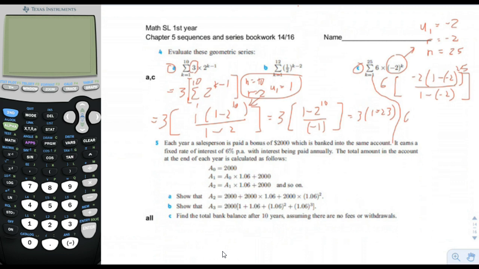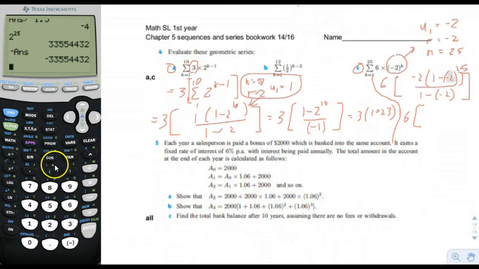So that would be equal to 6. And on the numerator we would have -2 to the 25th. So 2 to the 25th, so that it would actually be negative of that. Okay, so that's this part here.